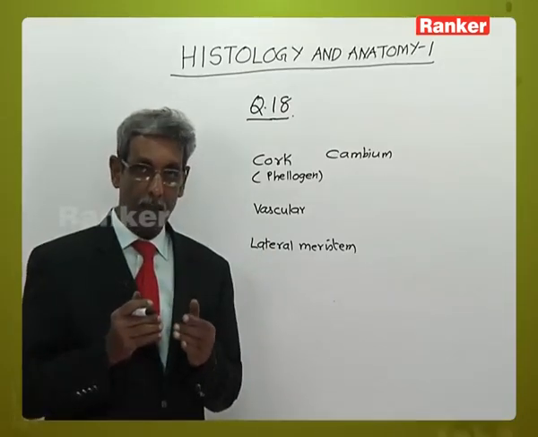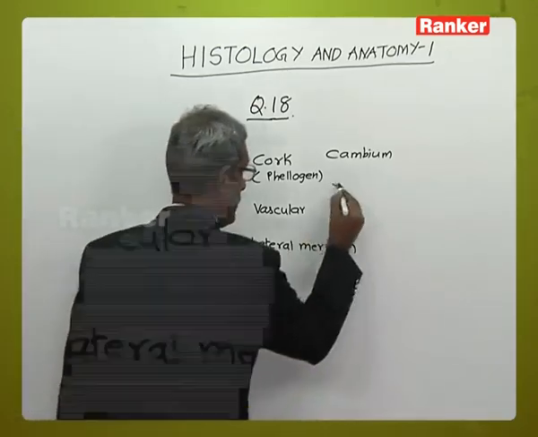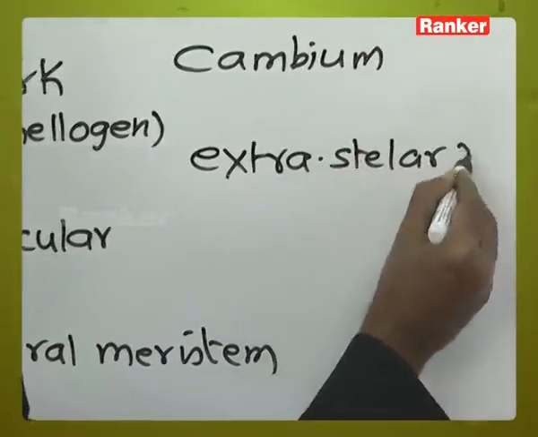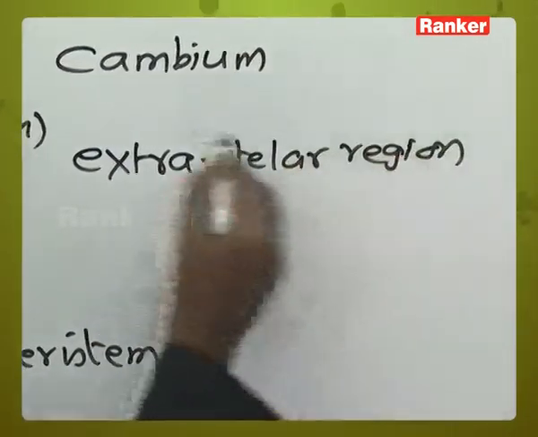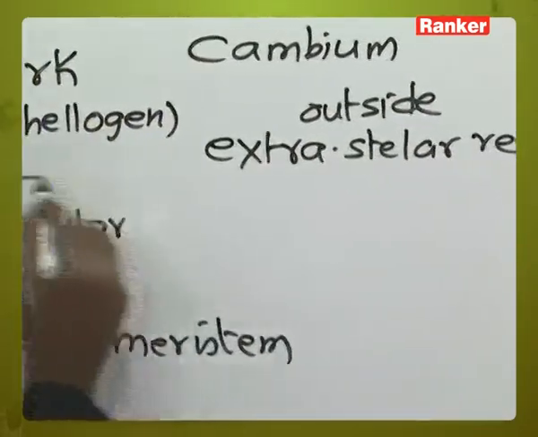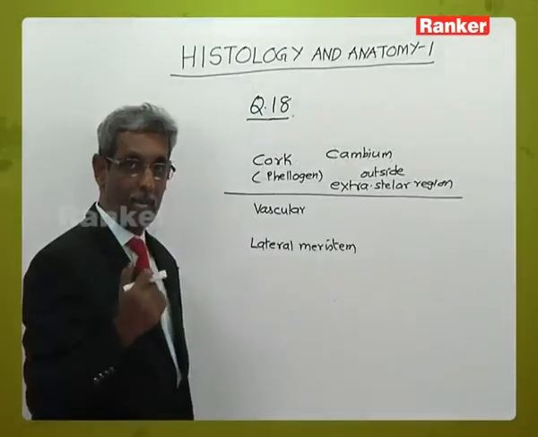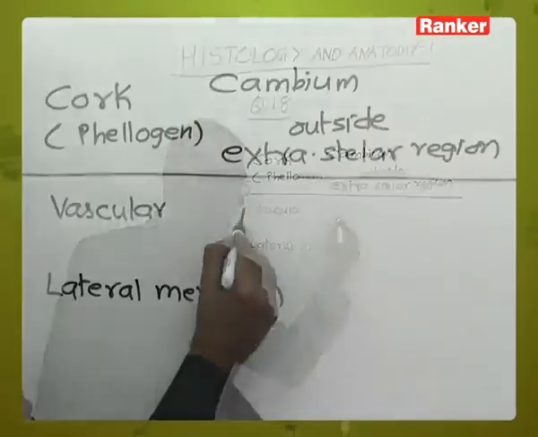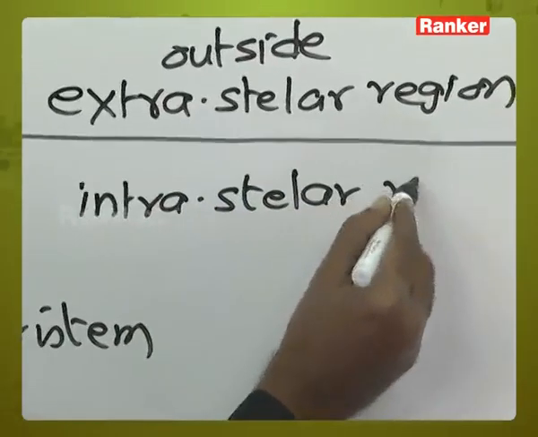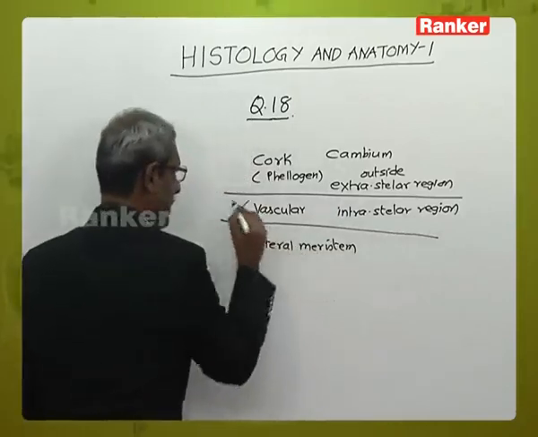All tissues which are formed exogenously, on the outside in the extrastellar region, are derived from the cork cambium, whereas all the tissues which are derived on the inside, in the intrastellar region, are due to the activity of the vascular cambium.